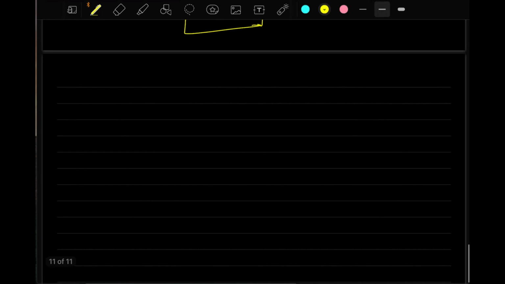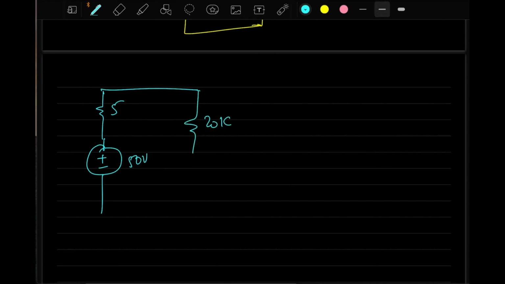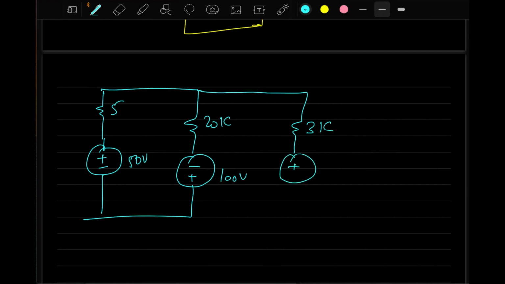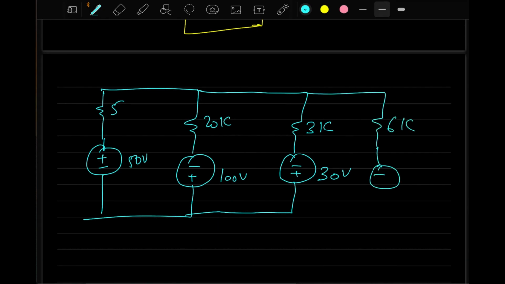So now, let us say we have a circuit here with 550 volts, and then a 20k, then 100 volts like this, 3k, 30, 6k, and then we have this one.